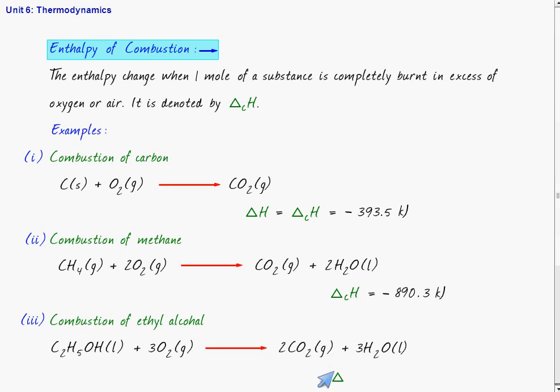Now delta CH in this case is minus 1367.4 kilojoule. What does it mean? It means when 1 mole of ethyl alcohol is burnt completely, then 1367.4 kilojoule of heat is released.